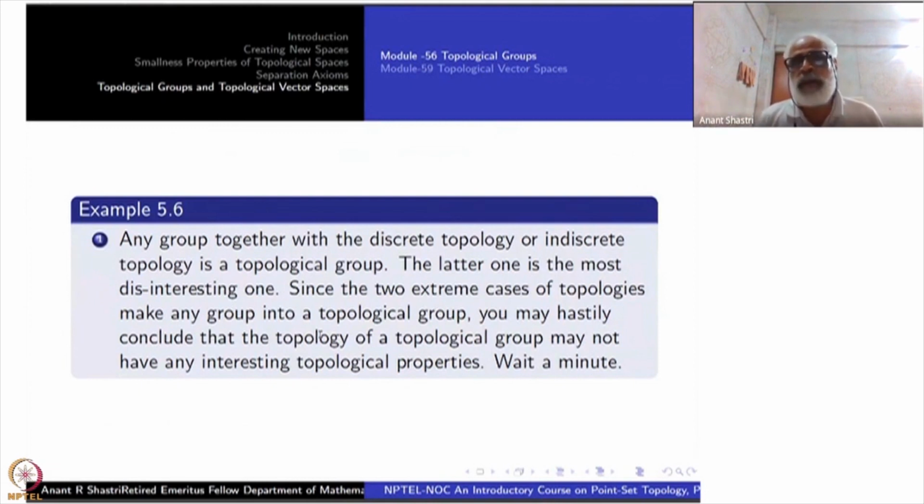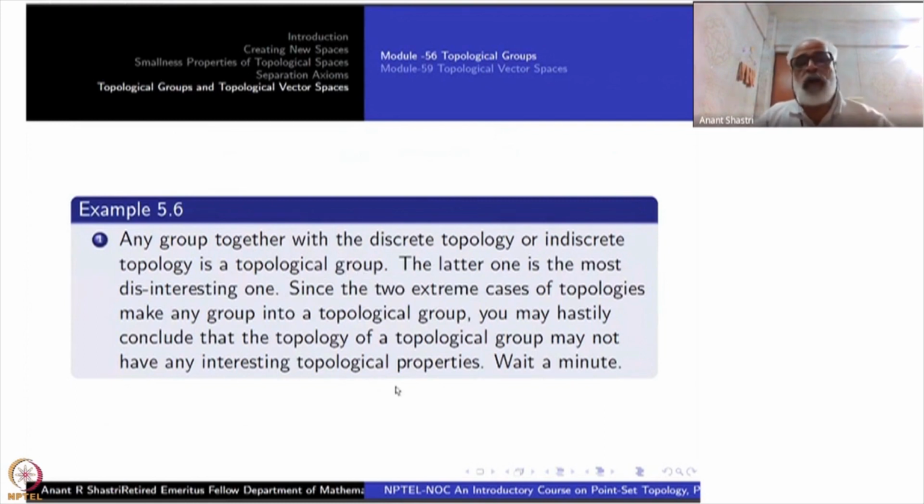The topology for a topological group may not have any extra properties at all. If at all there are properties, it must be because of the group theory, you may say. Wait a minute, that is not the case. So we are going to prove something out of this. Maybe you may think it's nothing.